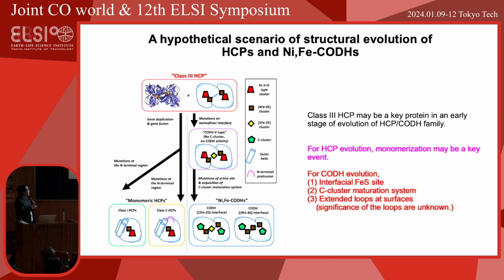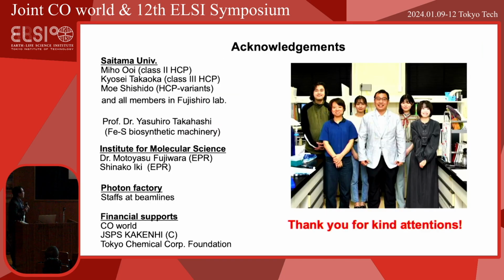For CODH evolution, first of all, the central region could be modified, especially the interfacial iron-sulfur cluster. Then the nickel-containing C-cluster maturation system could be obtained during the evolution. But we, of course, need to study how the genes, how the nickel-containing systems could have evolved, by seeking the genomes of some of the microorganisms.